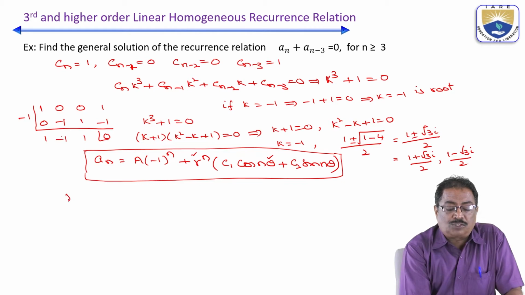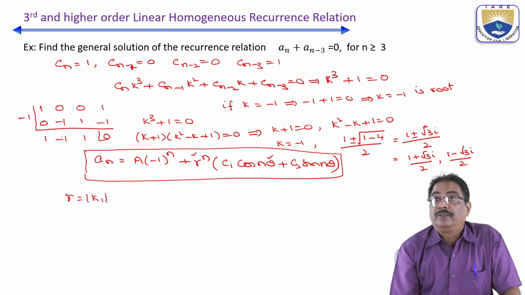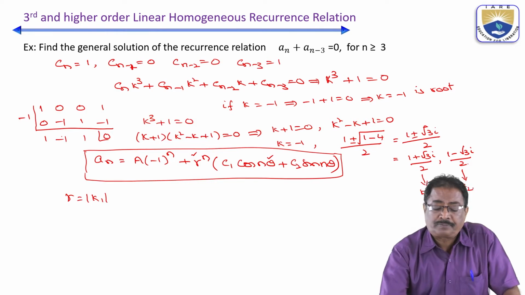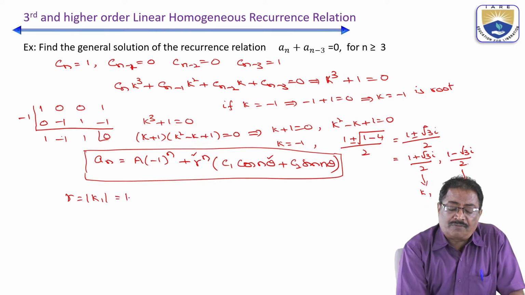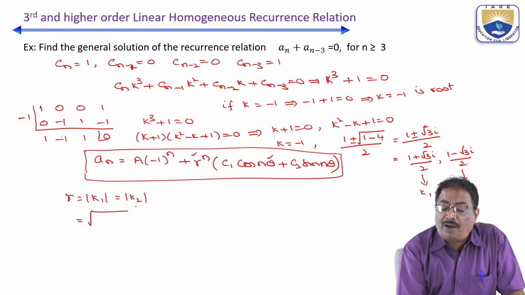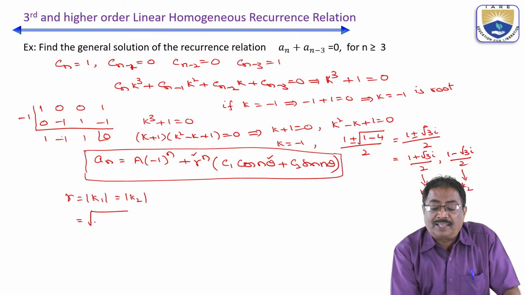So r is equal to the modulus of k1, or the modulus of k2, anything I can consider, which is the square root of the real part whole square plus the imaginary part whole square.